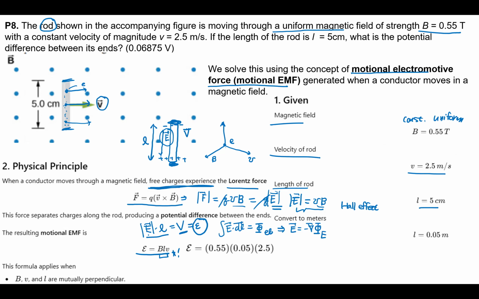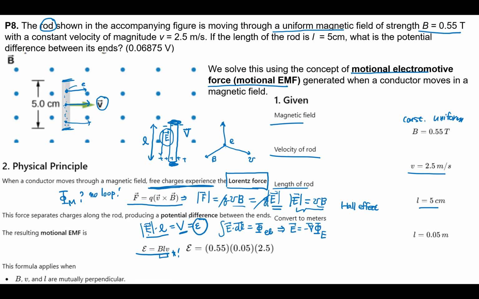So this is not directly related to Faraday's law. You need to think about it: it is not directly related with Faraday's law because we did not calculate any magnetic flux, simply because we did not have any loop. But instead, we are using the Lorentz force.